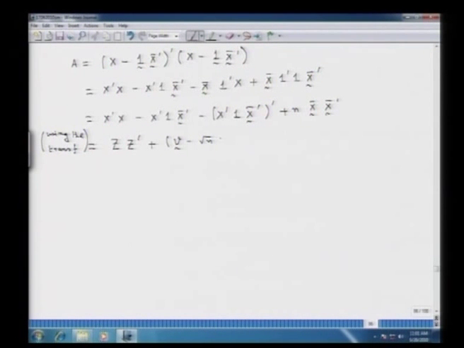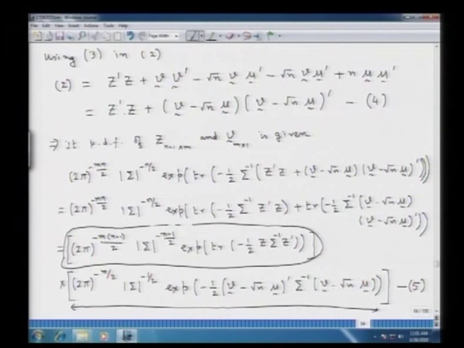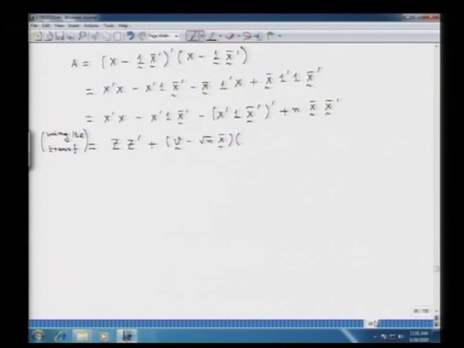Now, mu is not present here, what we have is x bar. So, that would be V minus root n times x bar. Let me see what it was exactly. So, that was z transpose z, and then we will have this as V minus root n x bar transpose, right. So, this is what is A, the constant multiplier of the variance covariance matrix.